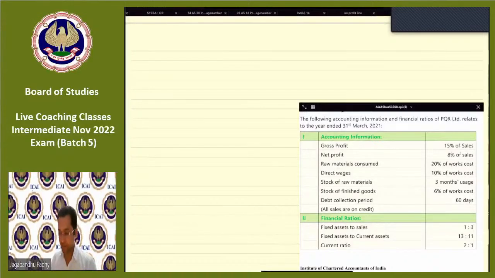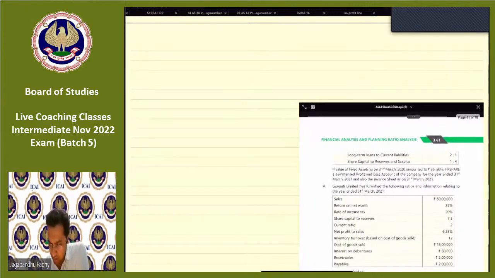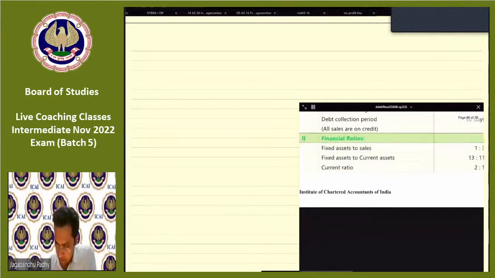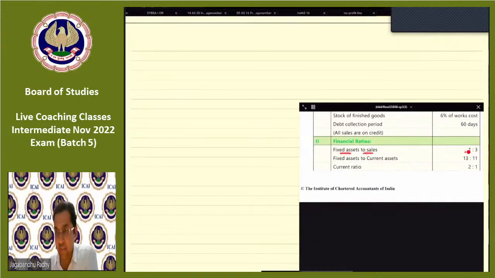Gross profit, they say it's 15% of sales, and further they say raw material consumed. All these are percentages. Whenever you have these sort of ratios, always look for some information which tells you about a certain number. So we have this, see, value of fixed asset on 31st March 2020 is 26 lakh. Fixed asset at the beginning, it is 26 lakh, right? Do we have any ratio with regards to that? Yes, sir. Fixed asset to sales is 1.3.